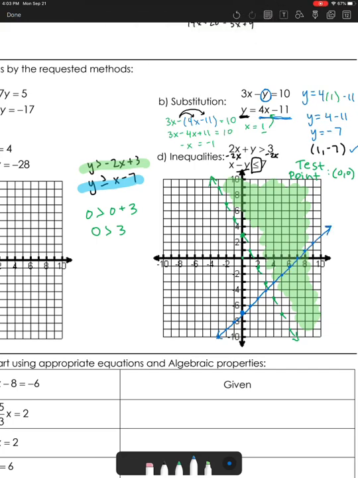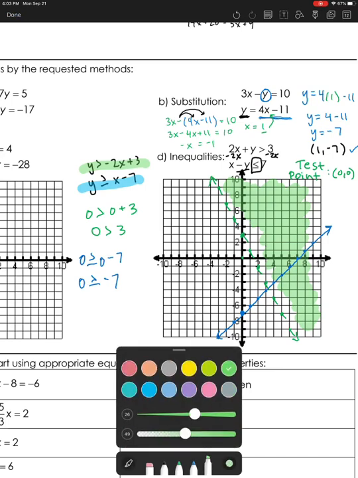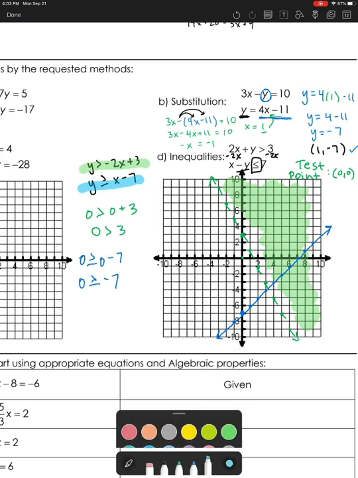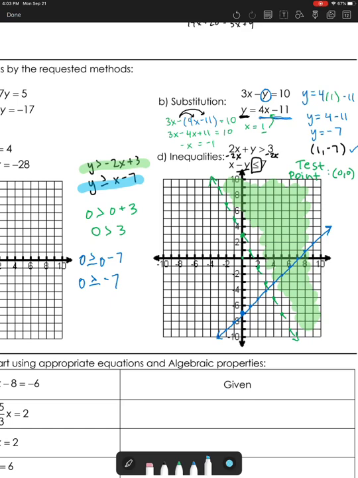And I'm going to use the same test point of 0, 0. And so this would be 0 is greater than or equal to 0 minus 7. 0 is greater than or equal to negative 7. It is greater than or equal to negative 7. So that means I am going to shade the part that includes that test point. Since that's a true statement, I am going to shade this side of the graph.